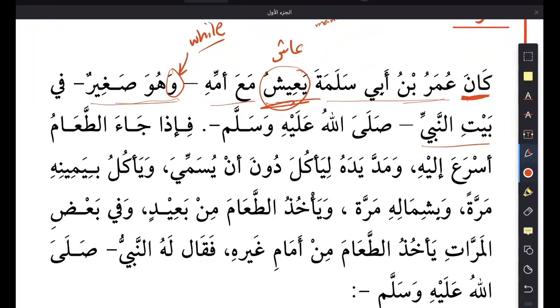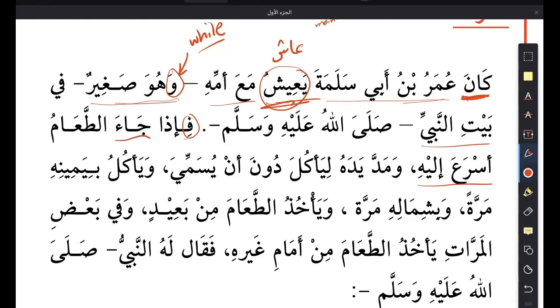فإذا جاء الطعام أسرع إليه. Here the fa you cannot quite translate, so you can just leave it for now. Idha, which I think we've had before, means when.